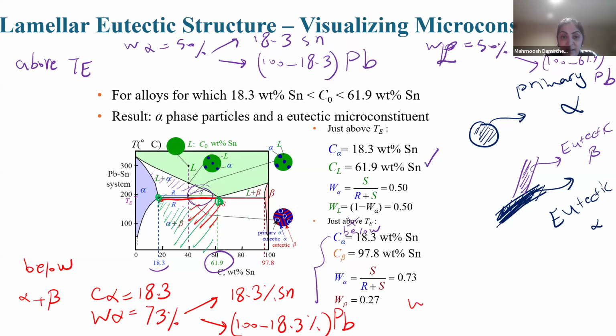Another phase that we have is 27% phase beta, and in this phase beta we have 97.8% Sn, and 100 minus 97.8 is Pb. Okay.